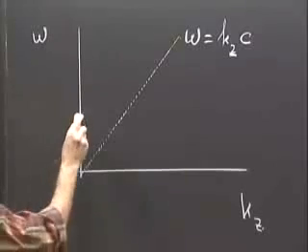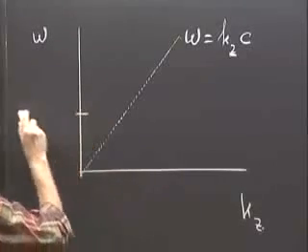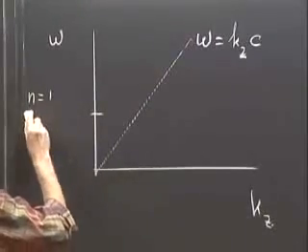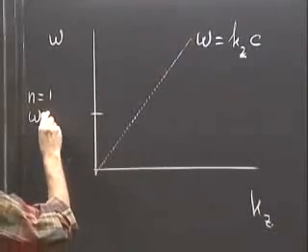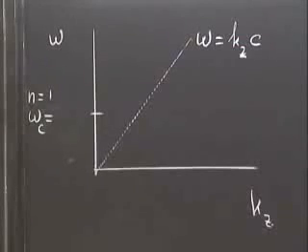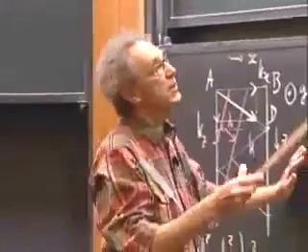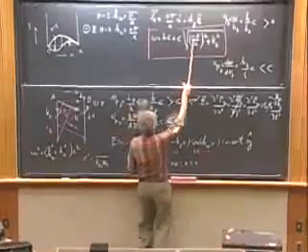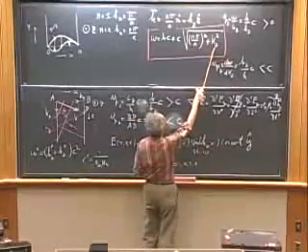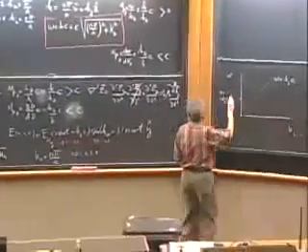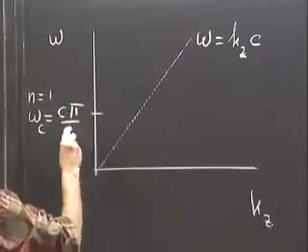What we have is that there is here, for n equals 1, a particular frequency, omega c, we call that the cutoff frequency, below which no radiation can go through the gap. And that cutoff frequency is when n equals 1 and when kz becomes 0, and so that is c times pi over a.